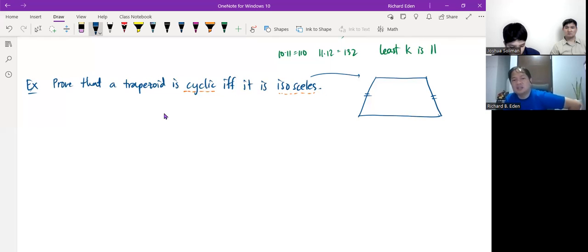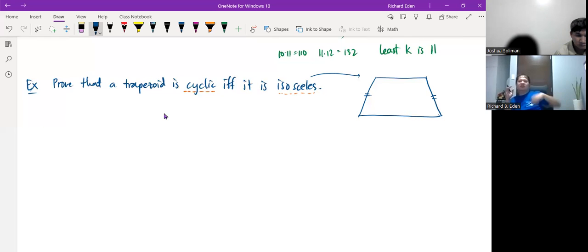Ano pa ang masasabi natin sa isang isosceles trapezoid? What else makes a trapezoid isosceles? Halimbawa, if you have a trapezoid, base angles that are congruent. Yeah, the base angles are congruent. And equivalently, if this is x degrees and this is x degrees, then nandito sa taas, this is going to be 180 degrees minus x degrees.